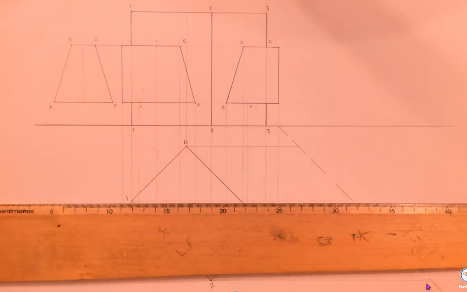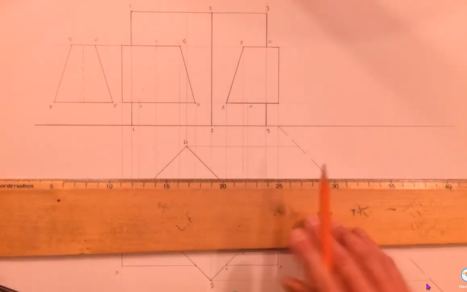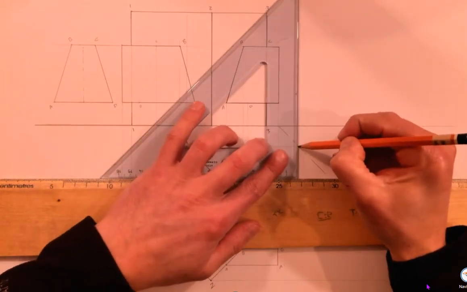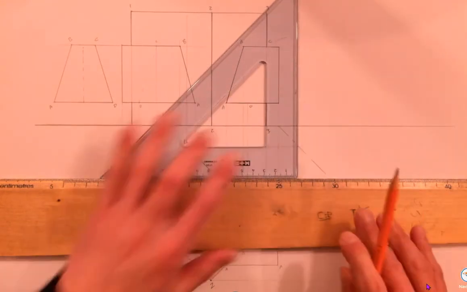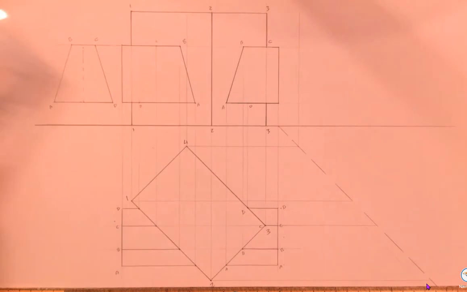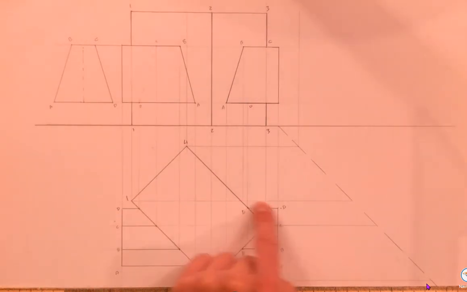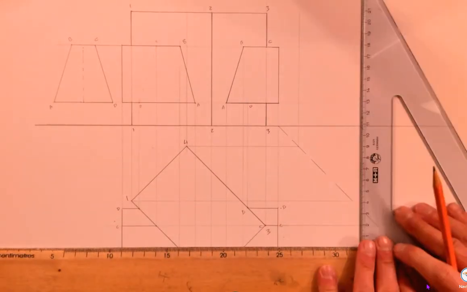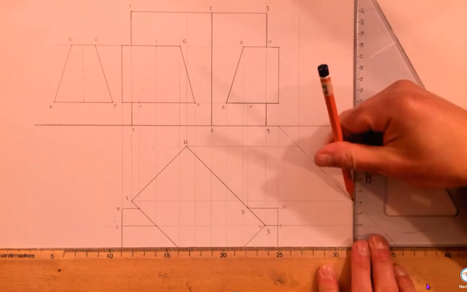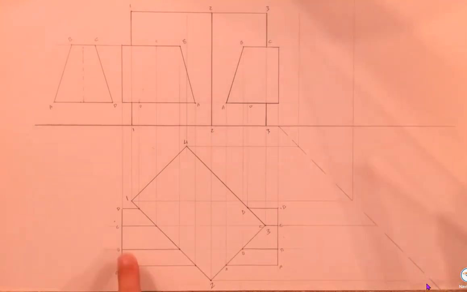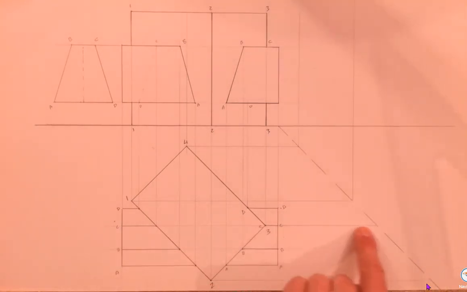And they come up into my elevation. Here's 4, bring it up to elevation. Number 1, here it is, brought up to elevation. Number 3, here it is.